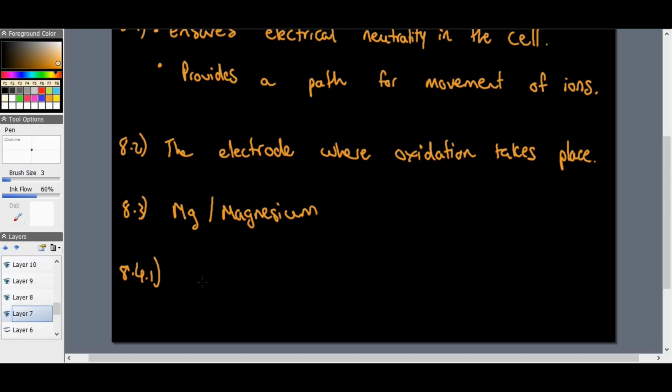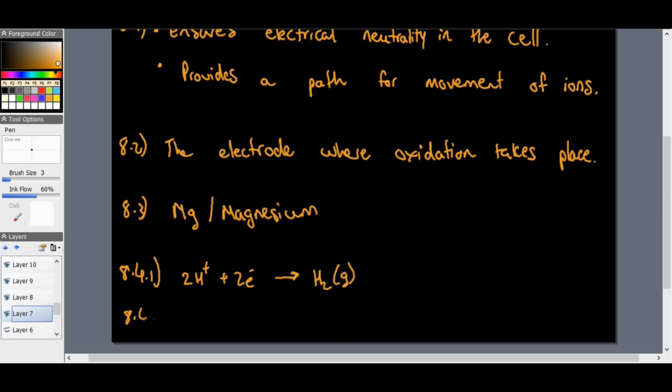It is hydrogen, so we just write down the reduction one, which has an EMF of 0, so it's just 2H+ plus 2 electrons going to H2 gas. Okay, that's the reduction half reaction.